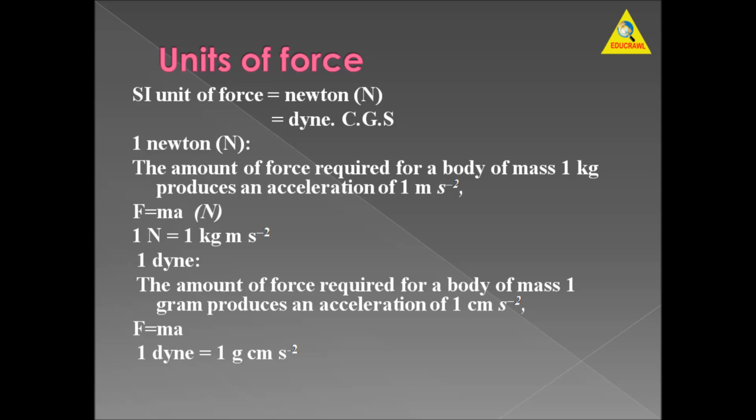Now, for the equation F is equal to ma, we substitute the units for force, which is 1 Newton, for mass it is kg, and for acceleration it is m s power minus 2. So, when we substitute all these units, we get the expression 1 Newton is equal to 1 kilogram m s power minus 2.